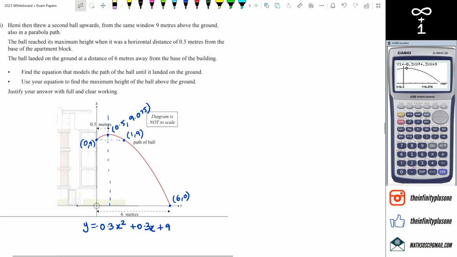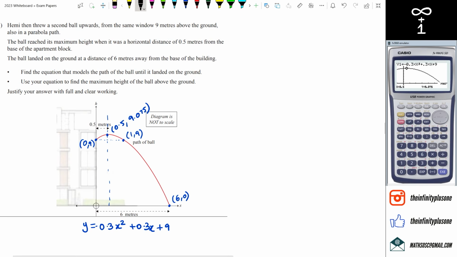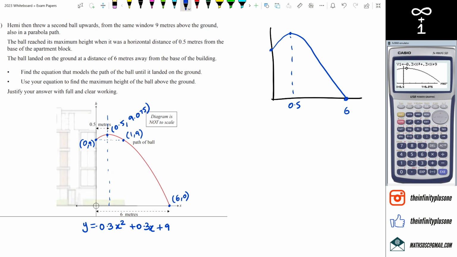Okay, so with the manual way, I'm going to draw a very quick, ugly looking sketch here. So there is 6, there is 0.5, and there is 9. Now, we know that parabolas are symmetrical, so this graph just keeps carrying on, and we need to figure out what this value is.